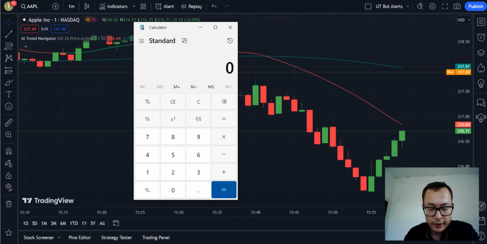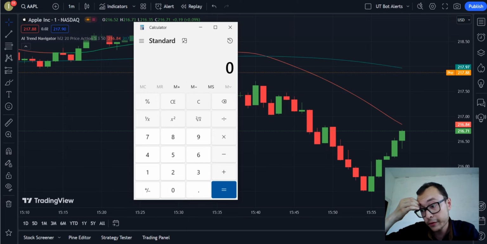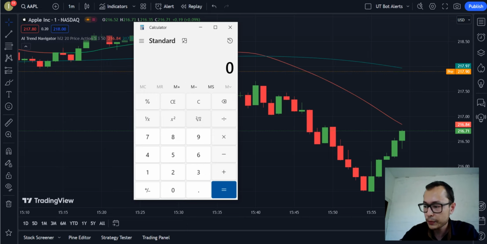If you remember, from the first sell order of the Apple stock, it was an increase in the Apple stock price of 0.58%.